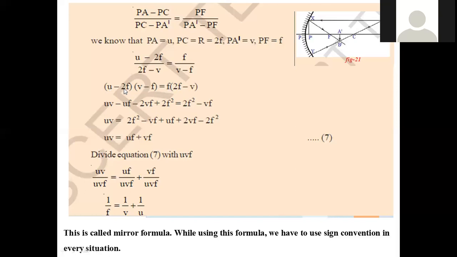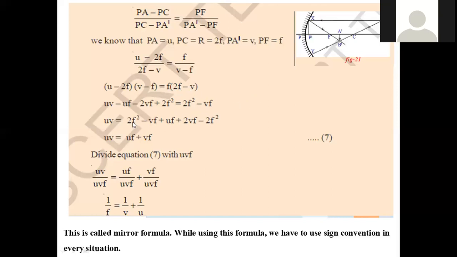Now minus 2F into V becomes minus 2VF. Minus 2F into minus F: minus into minus becomes plus, 2F into F becomes 2F square. This is equal to F into 2F, 2F square, F into V, VF, right? So here 2F square minus VF. In this way we expand the equation.